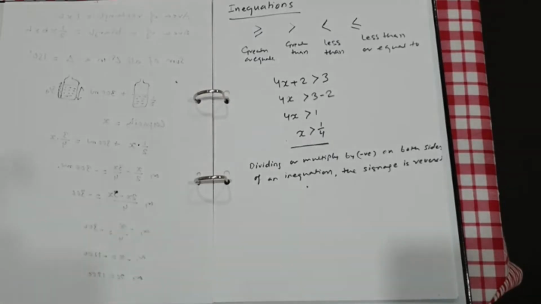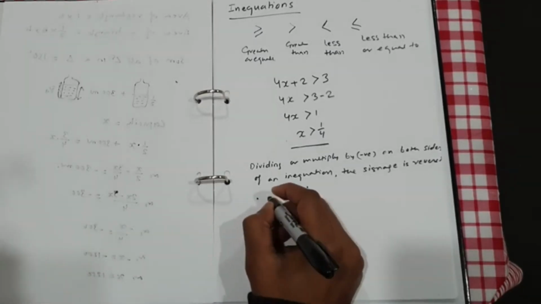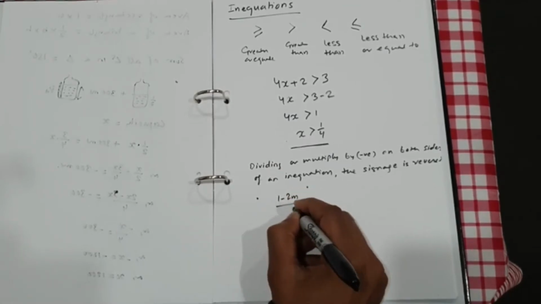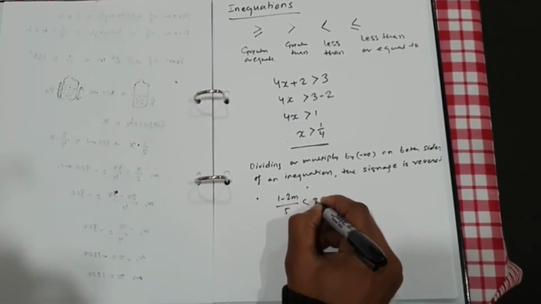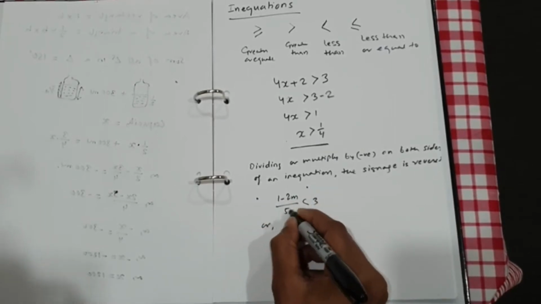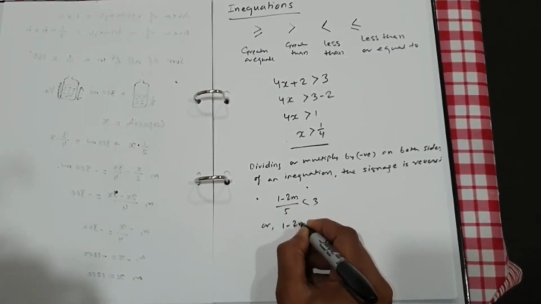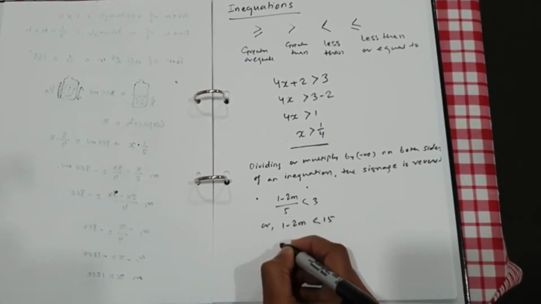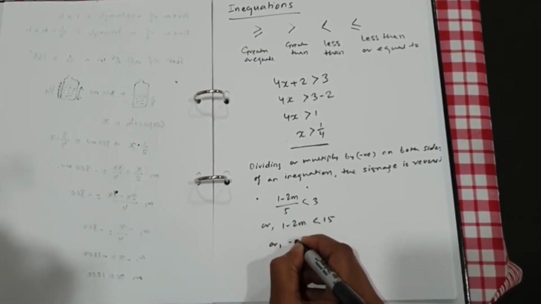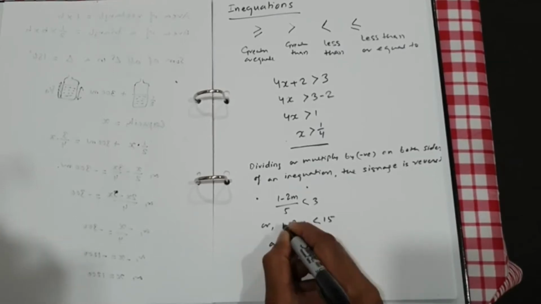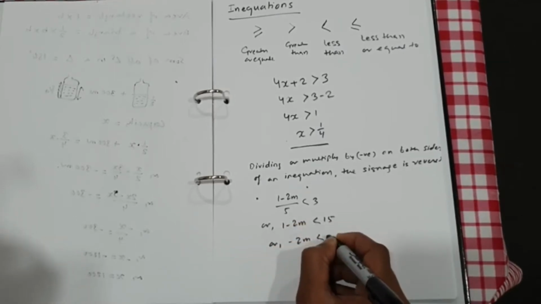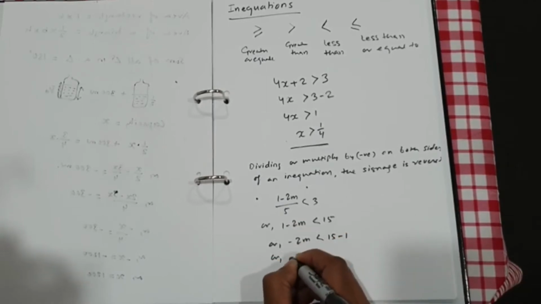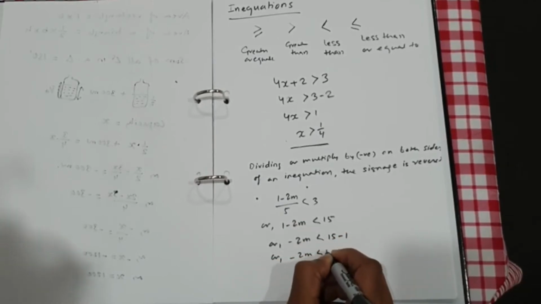So let's take an example, and we will also see why. 1 minus 2m by 5 is less than 3. So we take 5 here. 1 minus 2m is less than 15, right? Or minus 2m is, plus 1 goes there, it becomes 15 minus 1, or minus 2m is less than 14, right?